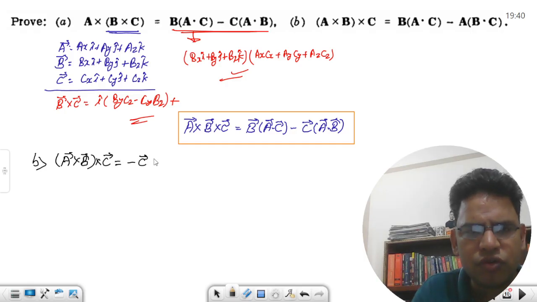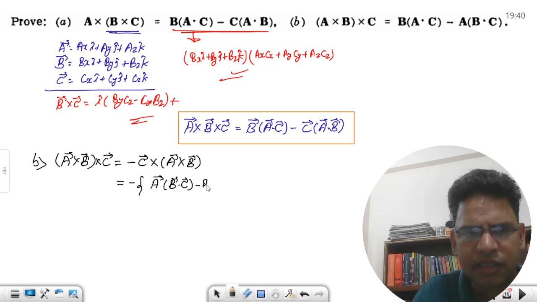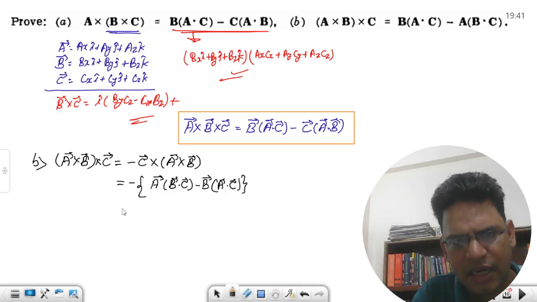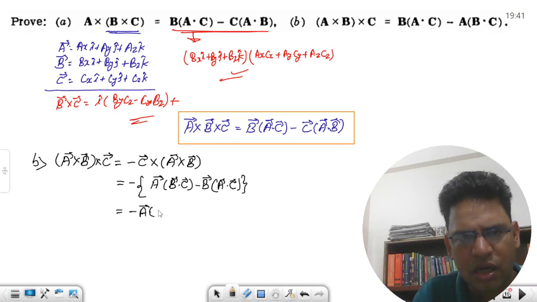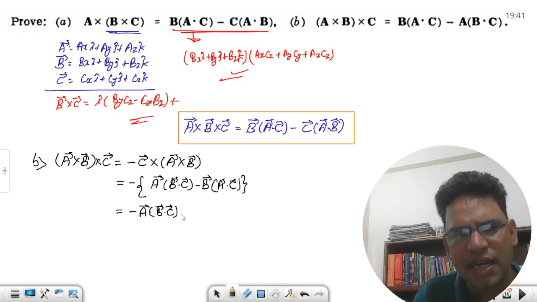Now what you are going to do is C cross minus C cross A cross B. If you take this minus sign out and apply this funda, you will understand. It is going to be A B dot C minus B A dot C. And once you take this minus inside the parenthesis, you get minus A multiplied with B dot C. This is a scalar quantity.